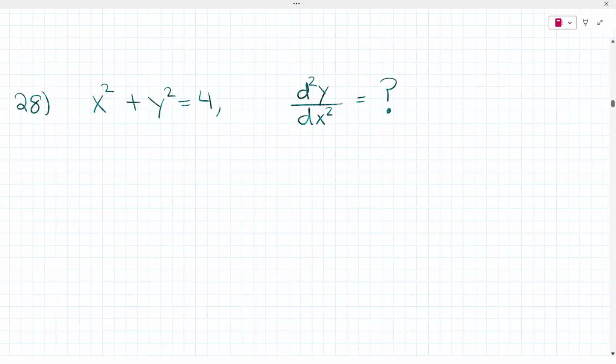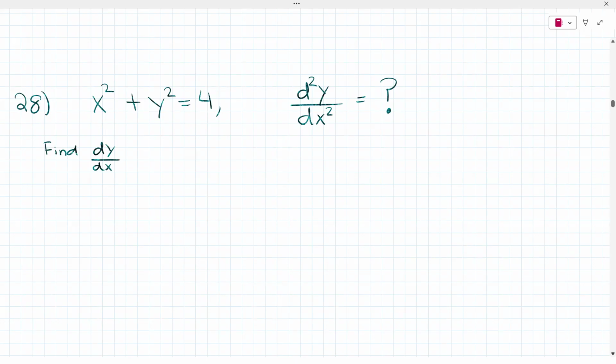So what I would do first is, yeah, this is implicit differentiation, and we have to take the derivative with respect to x twice. The first thing I would have to do is find dy/dx, right?